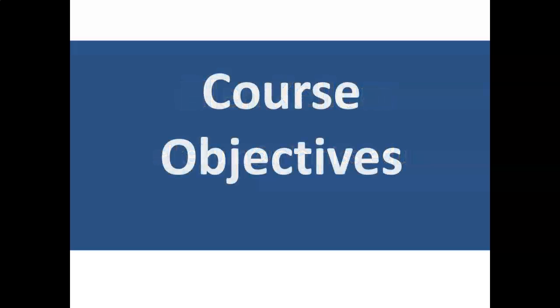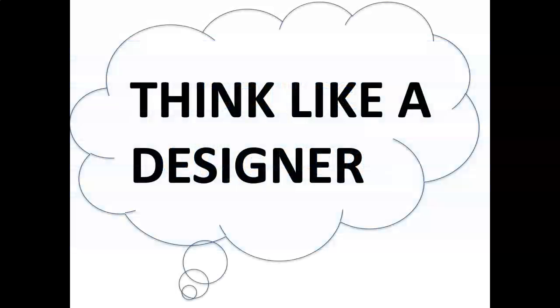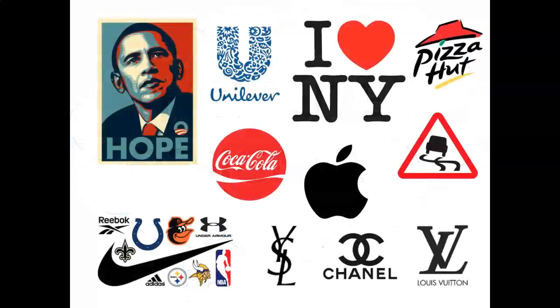All right, so let's talk about the course objectives. Now, we talked about this a little bit in my Welcome to 273. Basically, what we're going to be doing in here is I'm going to help you think like a designer. So what does that mean? That means that I want to help you become aware of all of the messages that are going on around you at all times, all the packaging, all of the social media, all of those things.